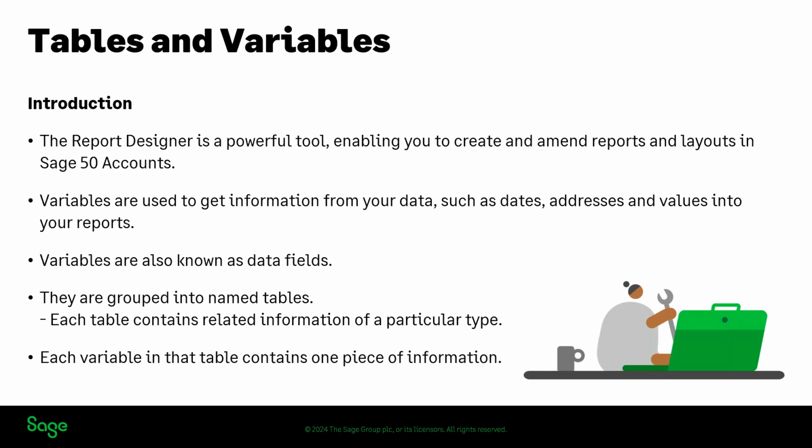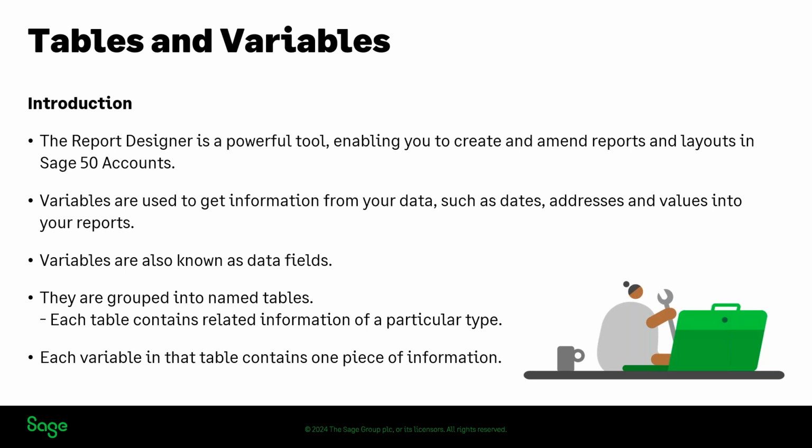Now, your variables are basically grouped into what you would term named tables. So there will be a table for your company information. There will be a table for your customer information, so pulling that information that you can pull from the customer record. And we'll see these as we work through the demonstration today. But each table will contain related information of a particular type.